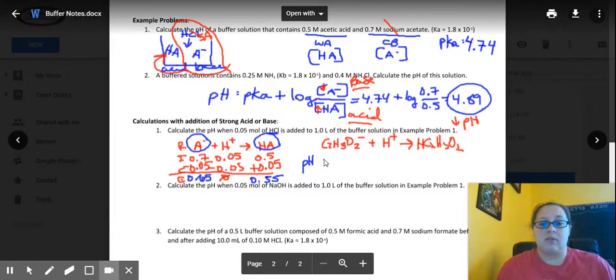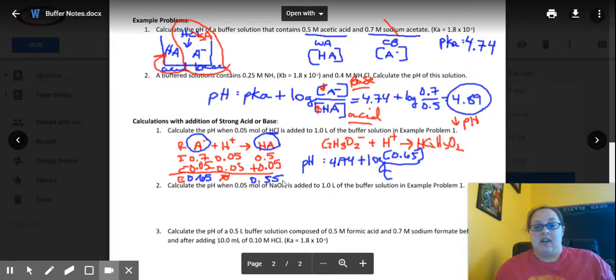pH is equal to pKa, so 4.74, plus log of A minus. We said that that was 0.65. Did it decrease a little bit? Conceptually, we said it should, and yes, it's decreased from 0.7. Over HA is now 0.55.